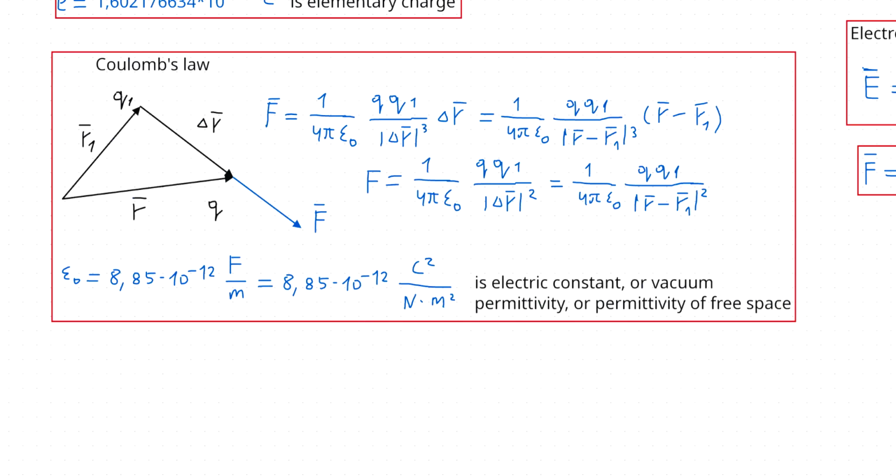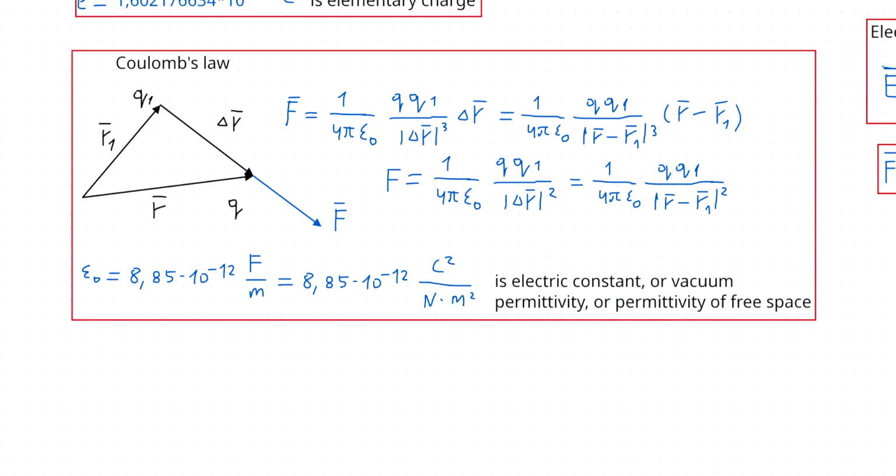Central force means that this force depends only on distance to some center. In this case, this distance is equal to the absolute value of delta R. So the electrostatic field is a field of central force. So it means that this is a potential field.